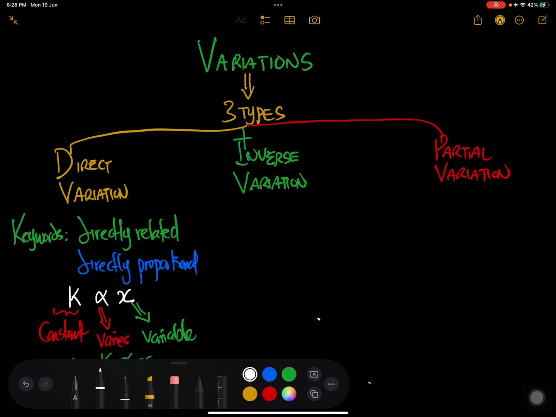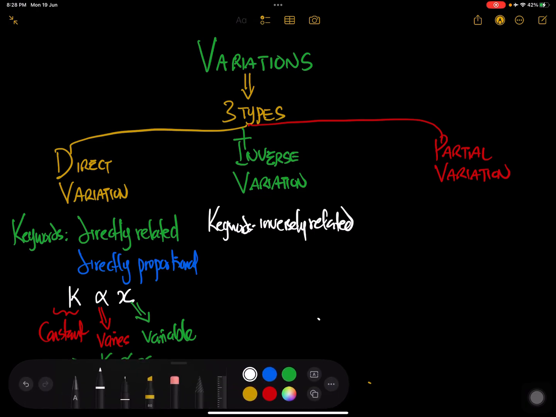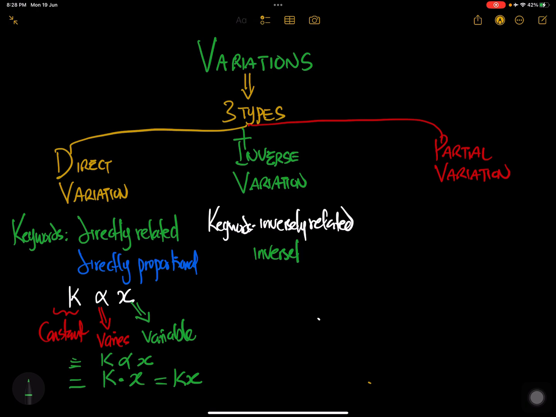if we are confronted with an inverse variation problem, we will see keywords such as inversely related, or inversely proportional.